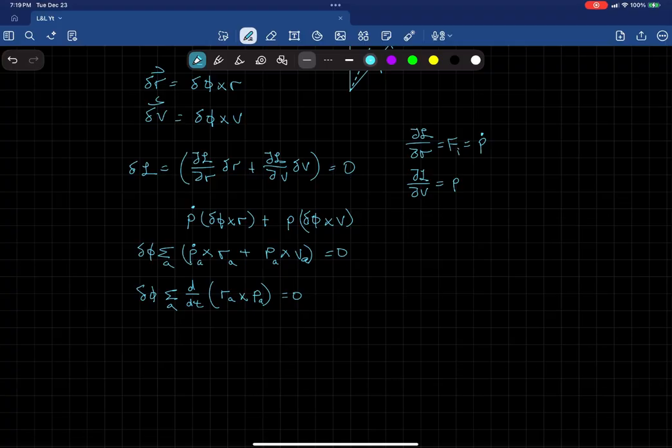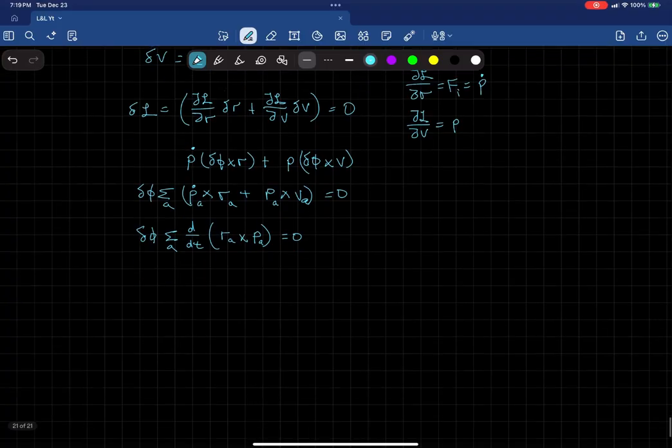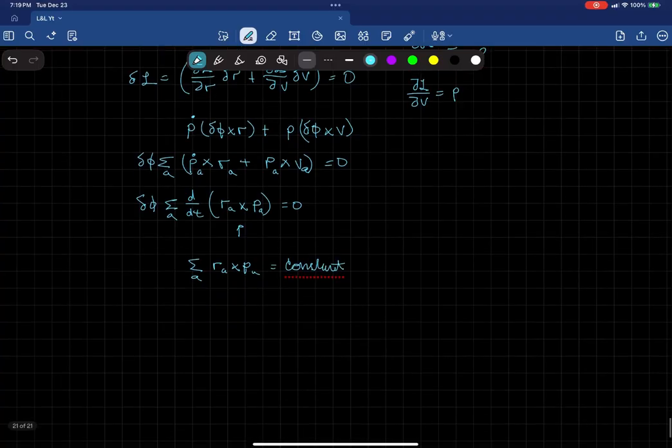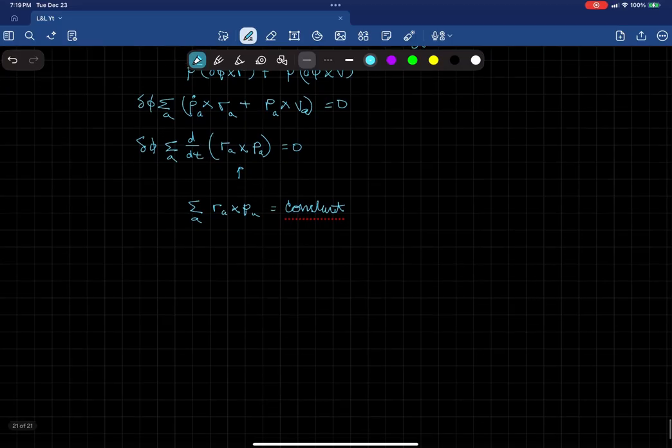Now if this term still equals 0, that also indicates that this term r_a cross p_a is constant. Now if we remember the term for angular momentum in basic mechanics courses, angular momentum is defined as r cross p. Thus, angular momentum is constant in time.